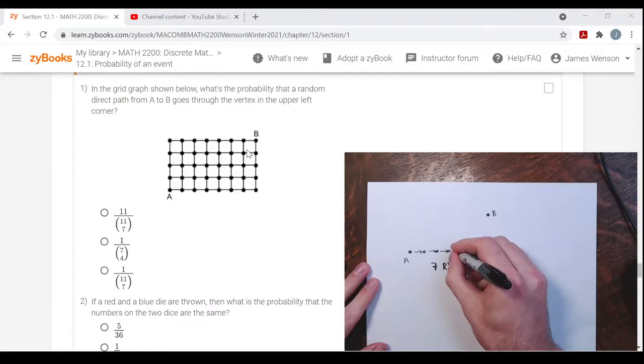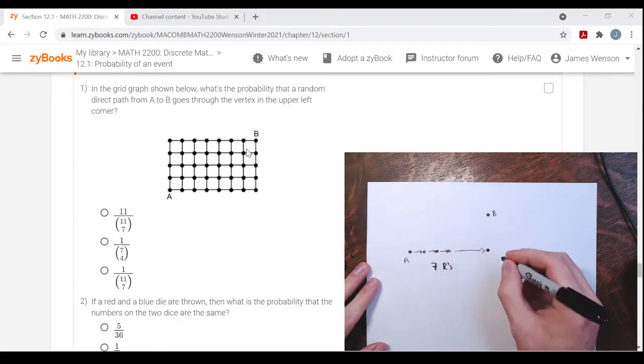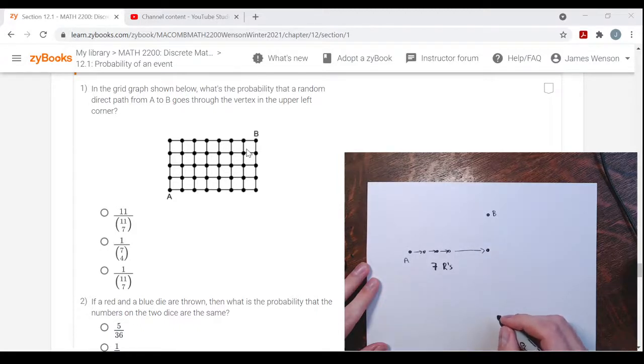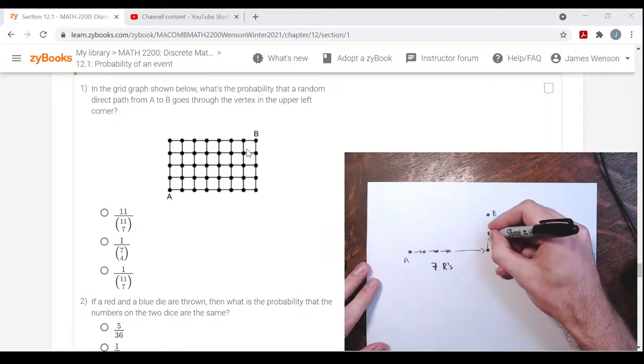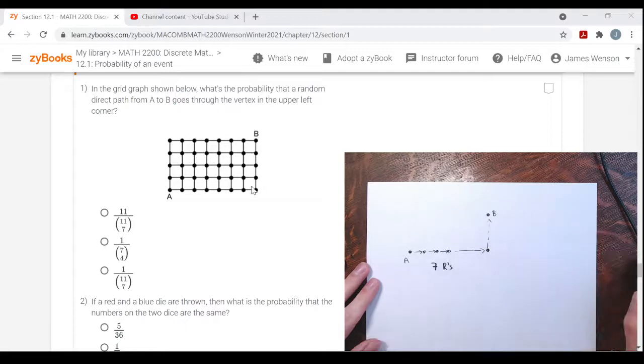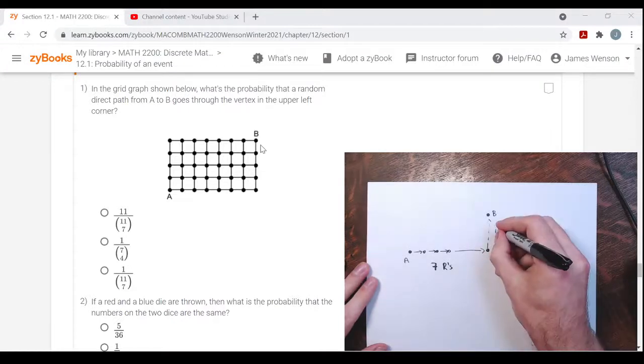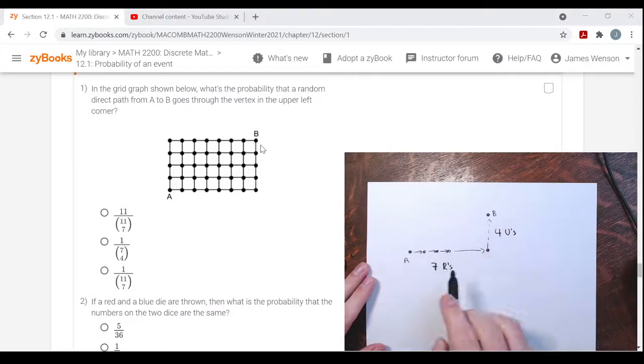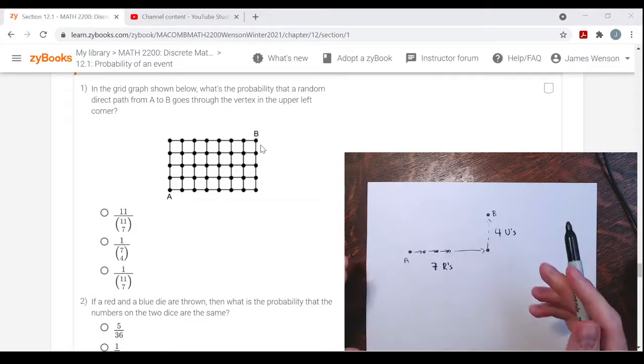So I'd have to go to the right 7 spaces, 7 points. And then how many ups are there? I'll call these U's. From the bottom to the top, there's 1, 2, 3, 4. 4 U's, 4 ups. And I could take this path, right 7 up 4, and get from A to B.